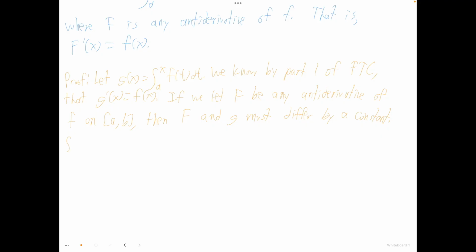So what this tells us is that capital F of x must be equal to g of x plus some constant capital C, on the open interval a to b. Okay, so they only have to agree on the open interval, technically, because of where we're getting these from, since they're both coming from antiderivatives of f. However, we know capital F and g are both continuous.